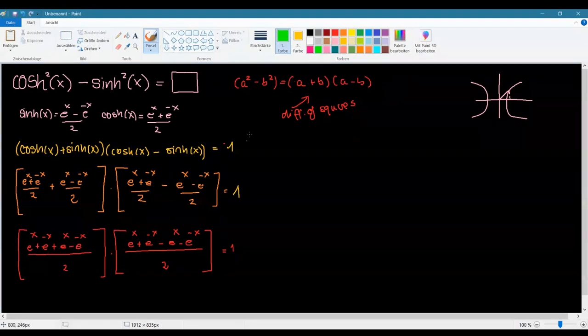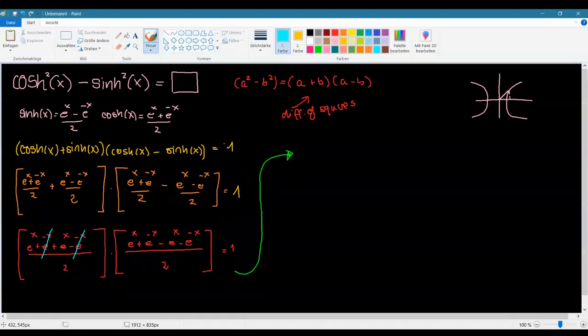Okay, let's move over to the right side of the screen because it's getting a little bit crowded. Now what do we have? Well, we can cancel out these right here because they eliminate themselves, right? E to the negative x minus e to the negative x is 0, right?